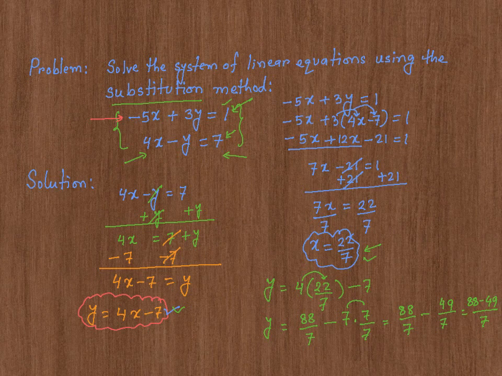And that tells me my y is going to be equal to 39 over 7. So my solution to this given system of linear equations is x comma y equal to, my x is 22 over 7, comma, my y is 39 over 7.